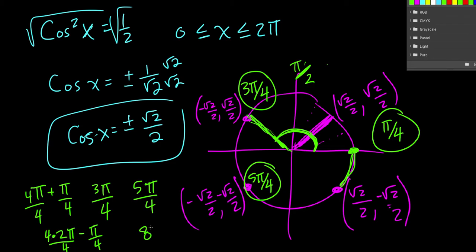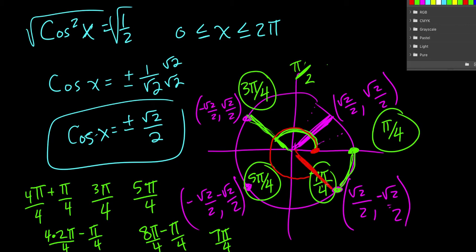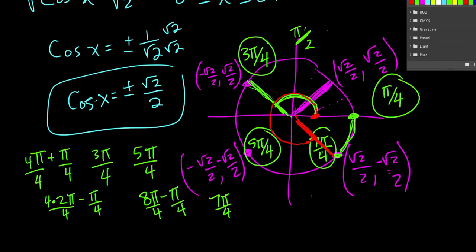So that's going to be 8 pi minus pi, and they're both over 4. And so it's going to be 7 pi fourths, which is this one right here, 7 pi fourths. And just to be clear, 7 pi fourths is the rotation from here all the way to this line. Okay, let's keep going.